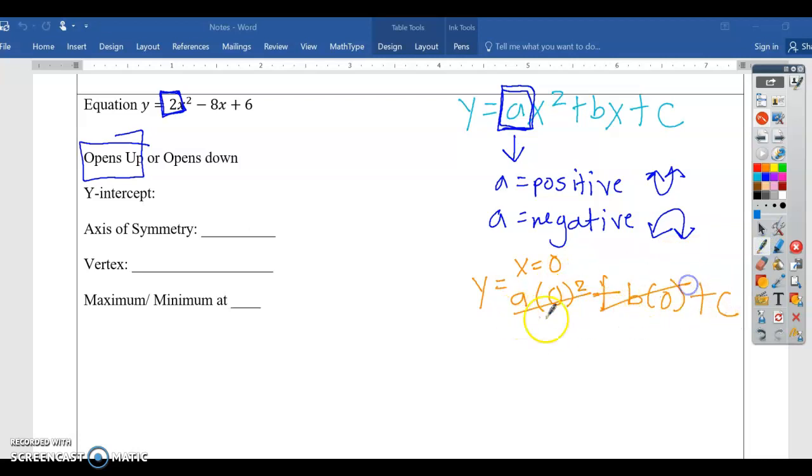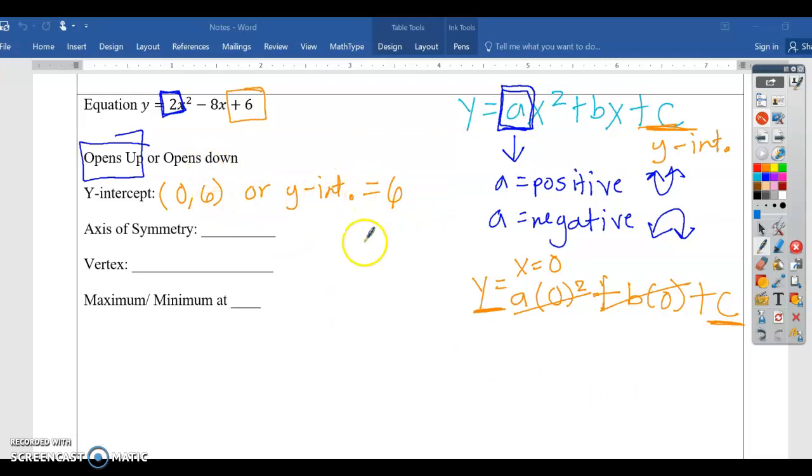That's 0, that's 0. So know that the y-intercept is my C value. So this right here, my C value in standard form is the y-intercept. My C value is 6. So I'm going to write it as a point 0, 6, or you could say y-intercept is 6. Okay? Either one of those notations is fine.